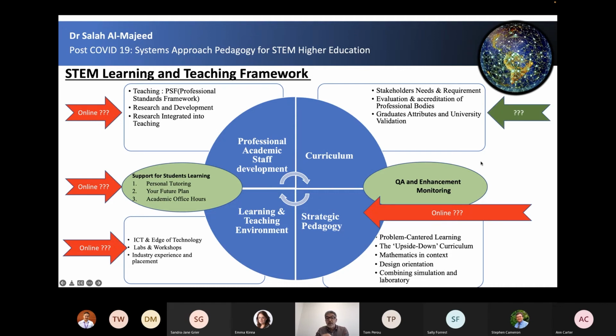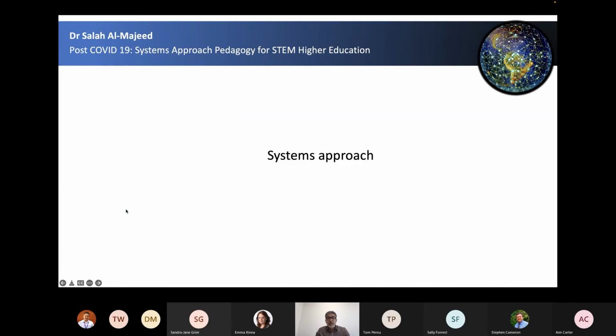Curriculum, of course, strategic pedagogy. It's one of those we have been looking at as online in addition to the environment, but also that can be a system, a matrix to map it and match it with where we're going.